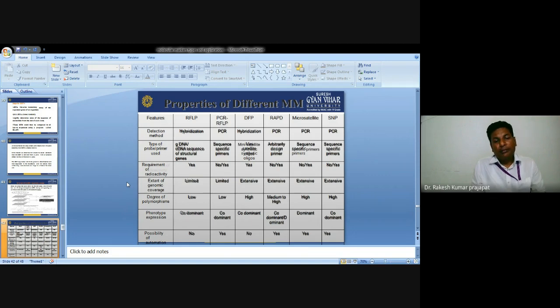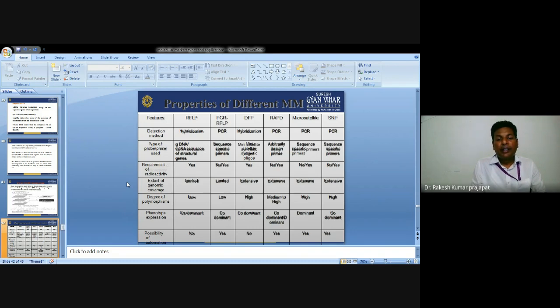Type of primer or probe: RFLP uses genomic DNA or cDNA probes, microsatellites use sequence-specific primers, and minisatellites as well. In the case of RAPD we use arbitrarily designed primers. Radioactivity is not required, though it is required in a few cases.